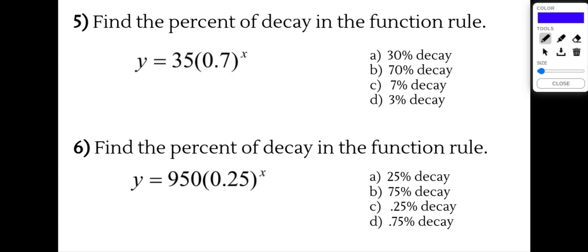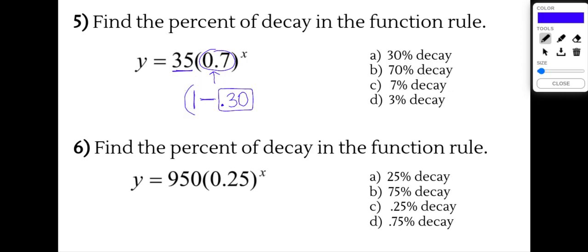Let's take a look at where this came from. It came from 1 minus, right? So think of this as money. This is like 70 cents, right? So if I take $1 minus what would give me that 70 cents? That'd be 0.30, wouldn't it? So I had 100% where we started. I subtracted a 30% decay.